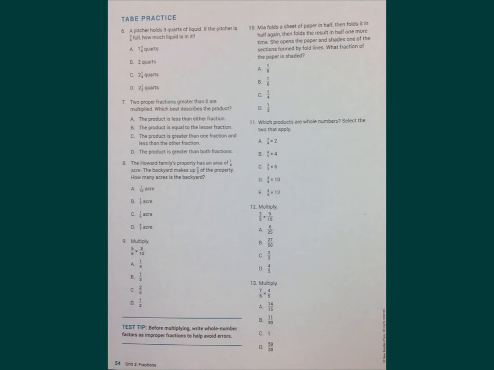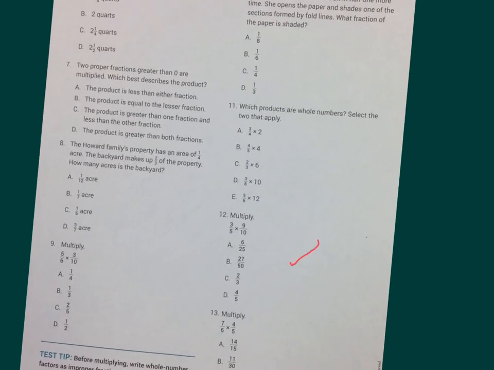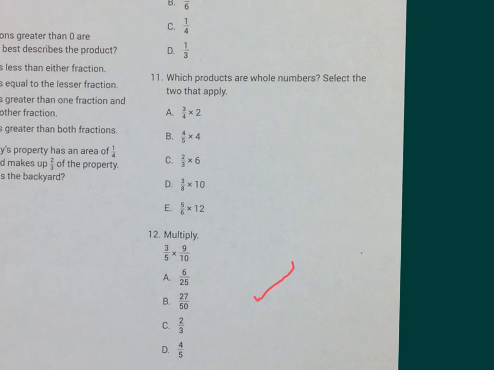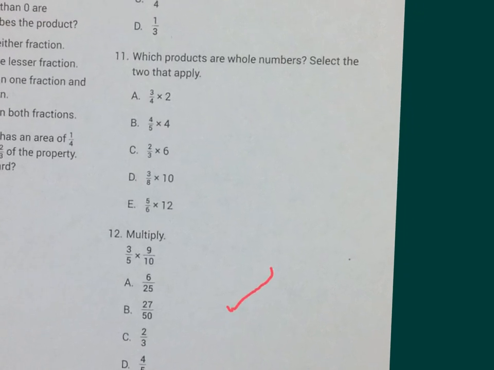Let's look at number 11. Number 11 reads, which products are whole numbers? Select the 2 that apply. So let's look at A. Let's work it out. So we know that 3/4, let me make this a little bigger for you, so I can just work these out right here.